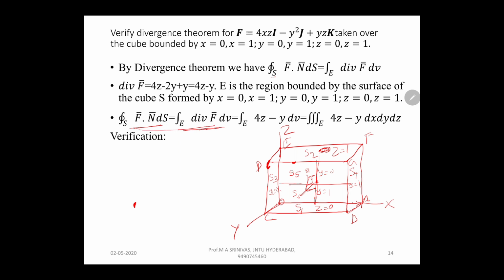This is what I need to prove. That is, the integral over E of 4z minus y dv, or the triple integral over E of 4z minus y dv, meaning dx, dy, dz. So I need to evaluate this. Both the values I need to show are equal. So let us verify this.